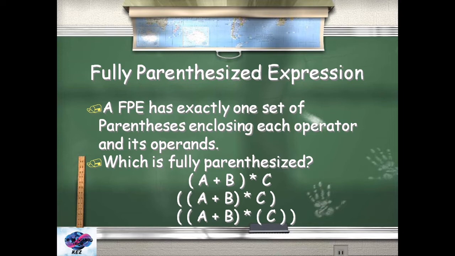Okay, now let's start the discussion. Come to the main track. FPE has exactly one set of parentheses enclosing each operation, and obviously the operator and operands are also included in that parenthesis. Just see this: A plus B multiplication of C, A plus B multiplication C in bracket, in double bracket, A plus B multiplication of C, C is also in bracket.